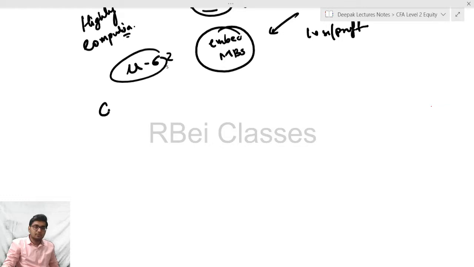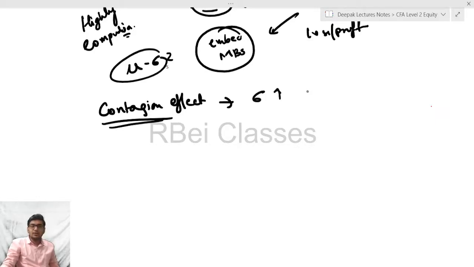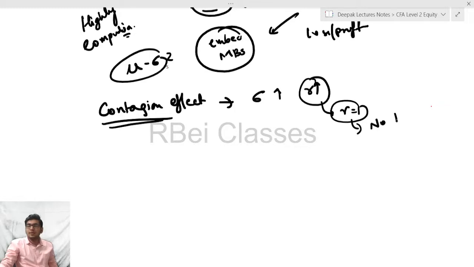contagion effect. Clear? So what will happen in this effect? Your sigma and the correlation between the assets, they both will rise. Clear? And when correlation is very high, or correlation equals 1, we always say there is no benefit of diversification.